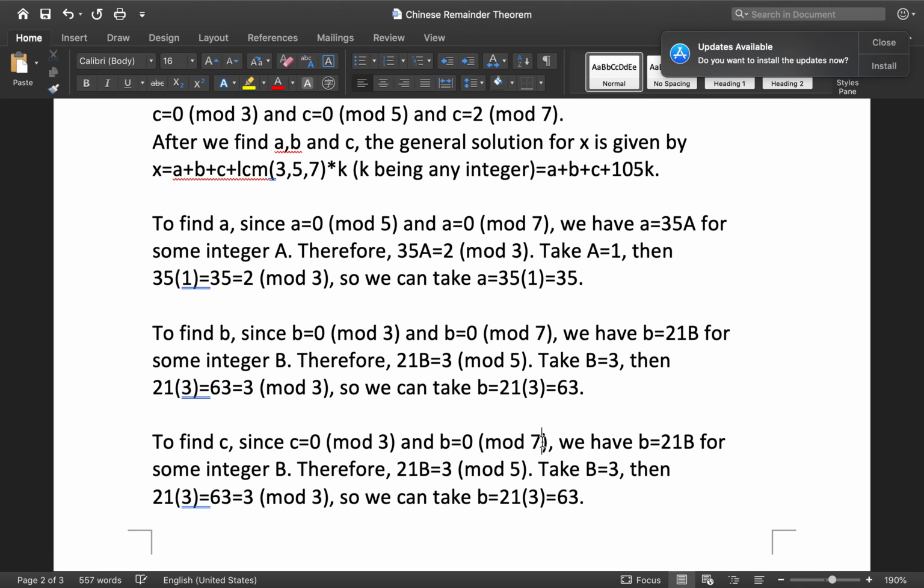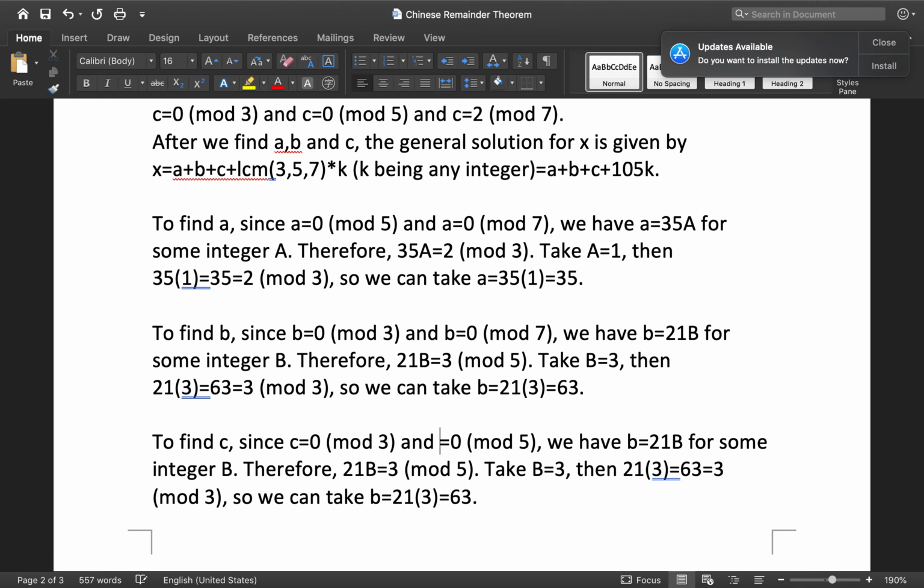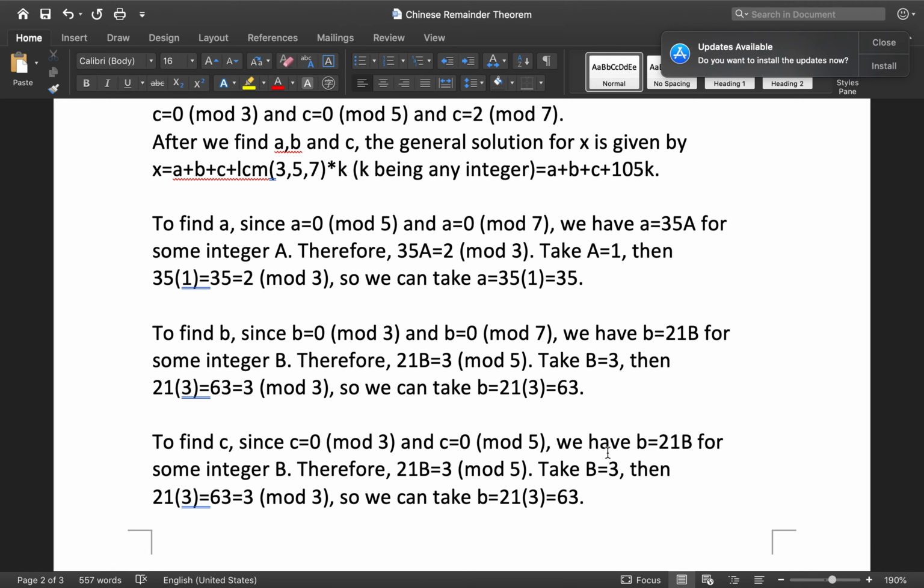Because of that, we have c equal to 15 times capital letter C for some integer. So in this case, now you put it back to the final equation, c congruent to 2 modulo 7. So here you have 15C.